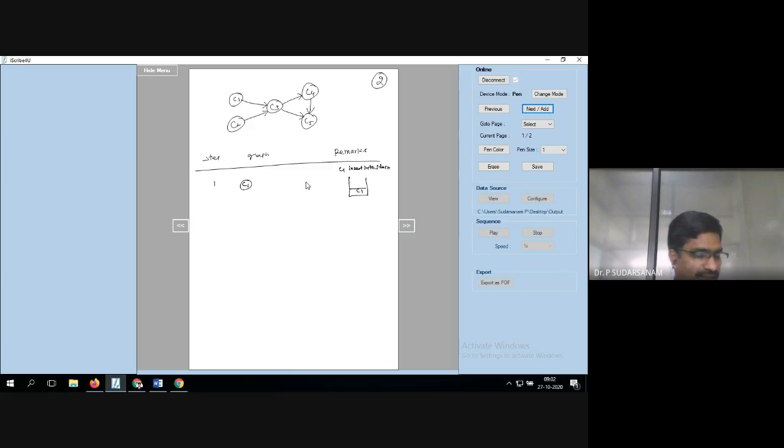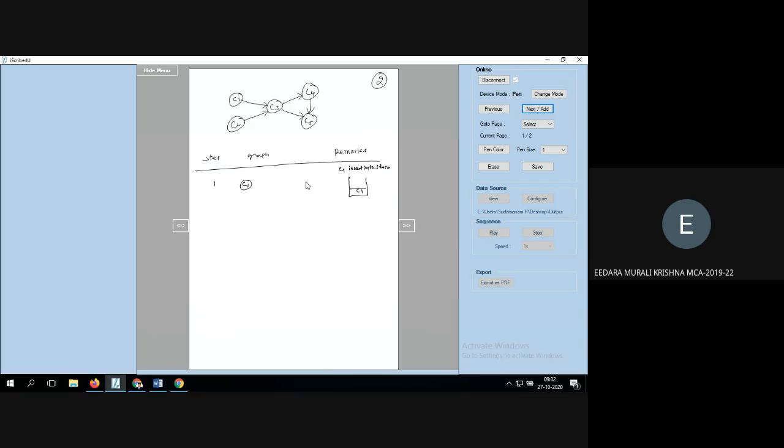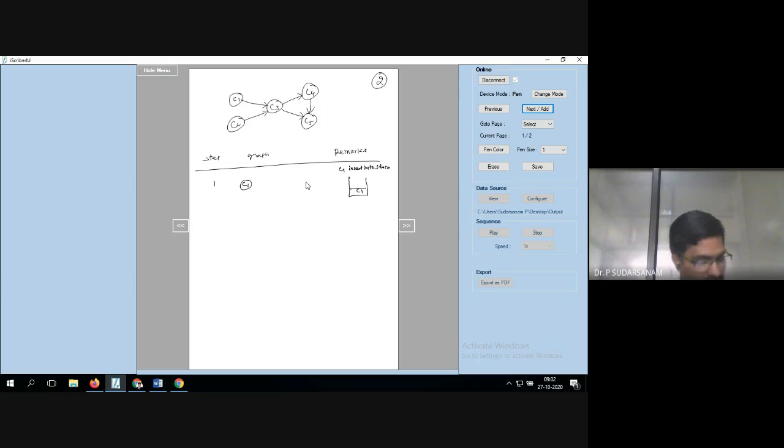Next, where you don't have in-degrees, C2. Write it. The second one is called C2. C1 and C2.